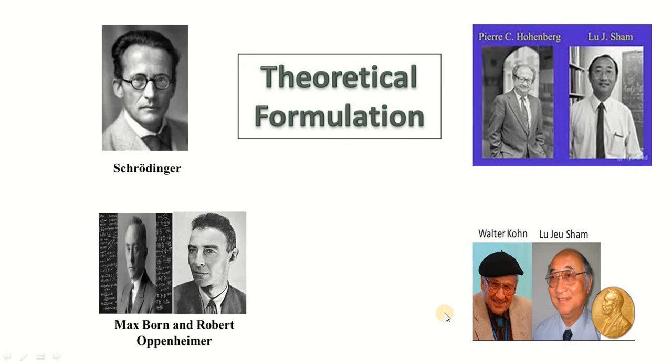Other than that, the generalized gradient approximation is speedy compared to the local density approximation, or in other words, we can say that generalized gradient approximations outperform LDA in speed. So all these are the theoretical formulations of density functional theory.